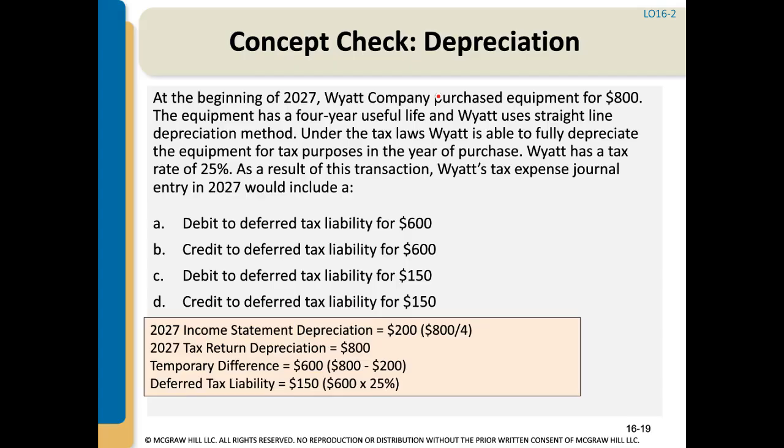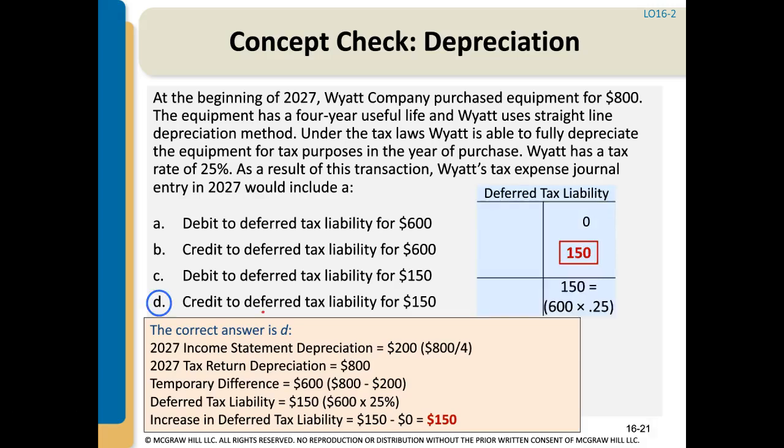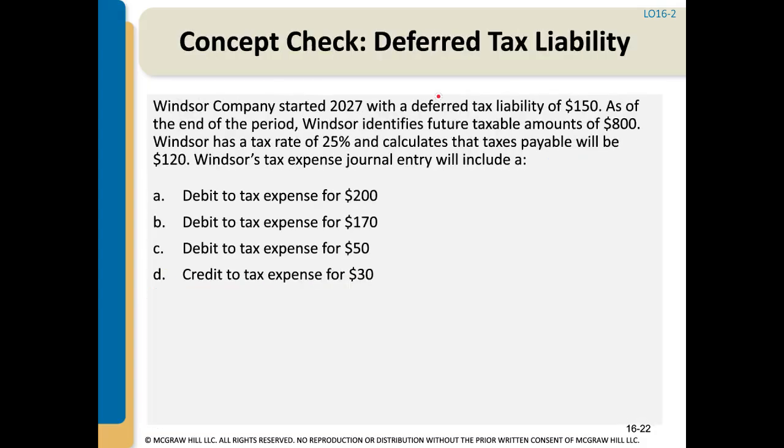And remember, always multiply it by the enacted tax rate, which is 25%. So we have this ending deferred tax liability of $150, which means we've increased our deferred tax liability for $150 since this is just year 1. So we're going to have a credit to deferred tax liability for $150.